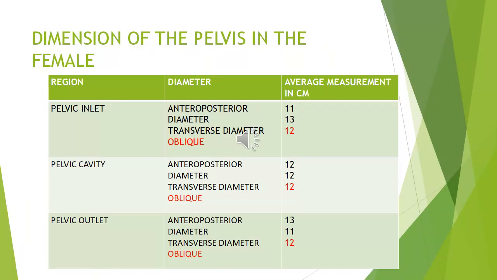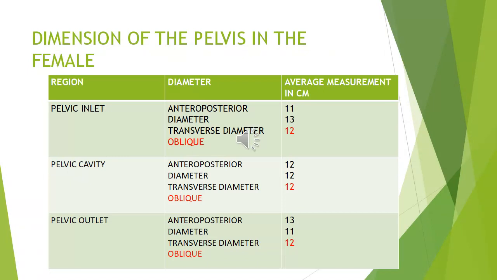Connecting these two, that is, the midpoint of the sacral promontory to the upper border of the pubic symphysis, is the anatomical conjugate or true conjugate, that is the anteroposterior diameter. In the female, the pelvic inlet anteroposterior diameter is 11 centimeter.